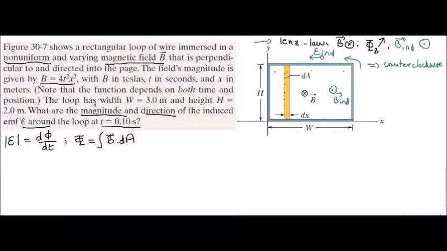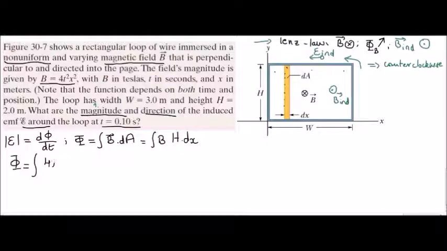If I take an element area like that, I will assume the same magnetic field, because dx is very, very small. It's like a point. So my area is the height h times the width dx. I will replace now.